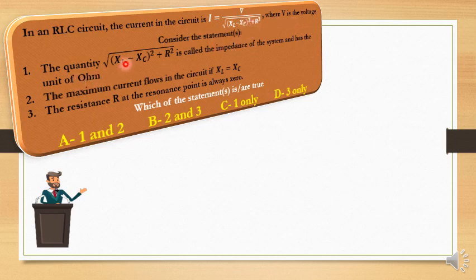The quantity this is called the impedance of the system and has the unit of ohm. 2. The maximum current flows in the circuit if XL equal to XC. 3. The resistance R at the resonance point is always 0. Which of the statements are correct or true?